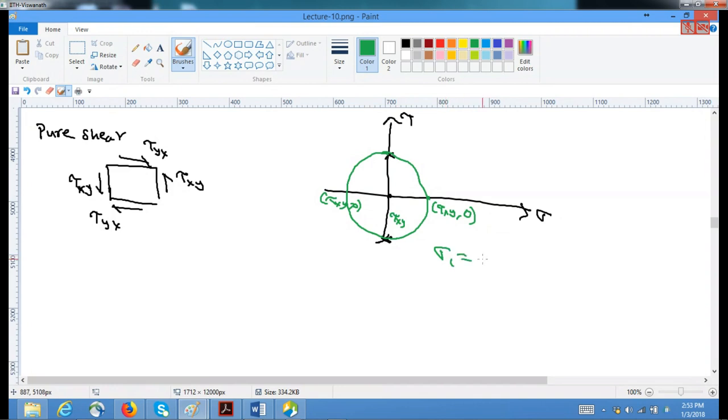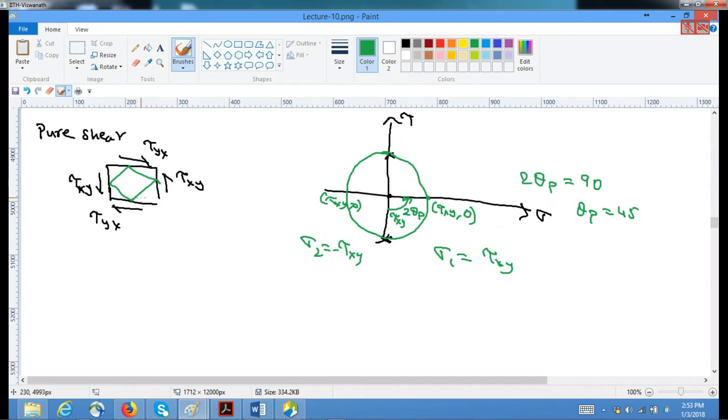Sigma 1 is given by tau xy and sigma 2 is given by minus tau xy. So as I said earlier, in the rotated 45 degrees, because now you see the angle between this state and this state is 90. If it is 90, half of that should be 2 theta p. If 2 theta p is equal to 90 degrees, theta p is 45 degrees.